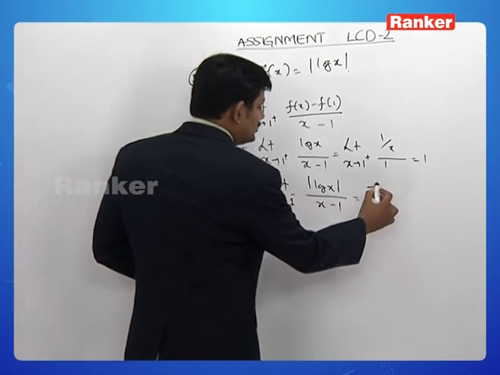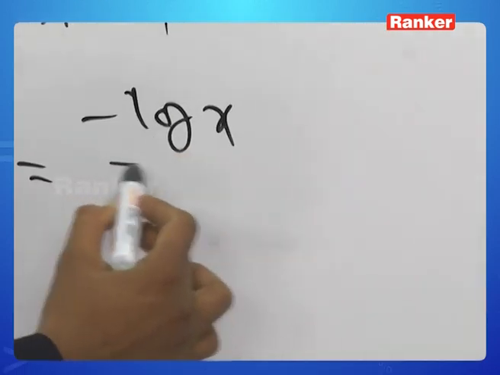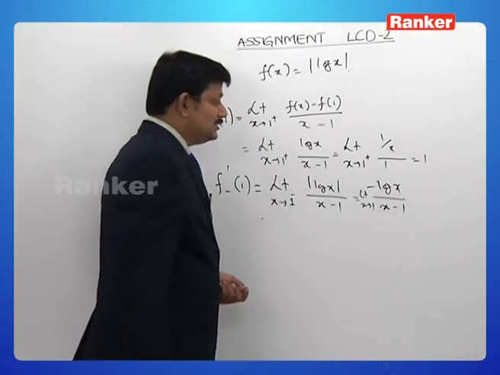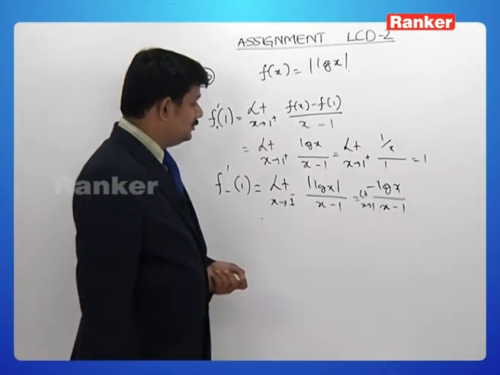So mod log x is minus log x divided by x minus 1, limit x tending to 1. This is again a 0 by 0 form. We can apply L'Hospital rule.